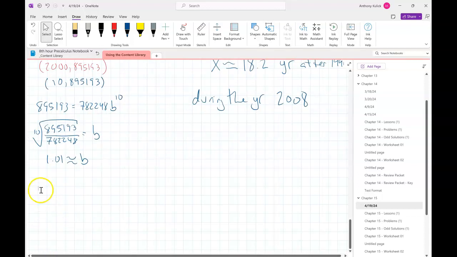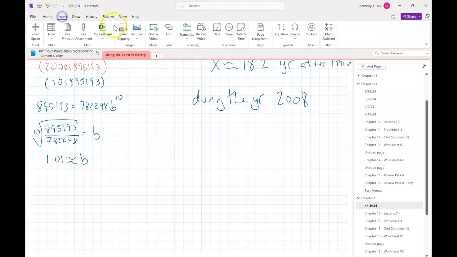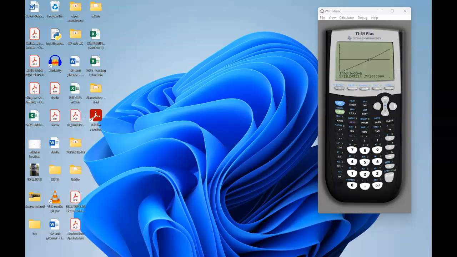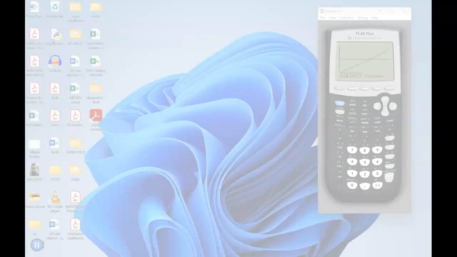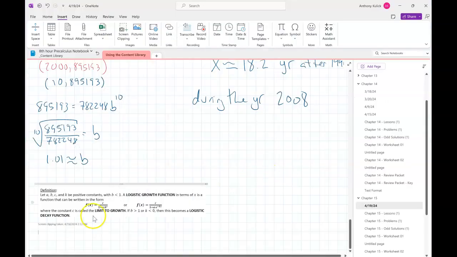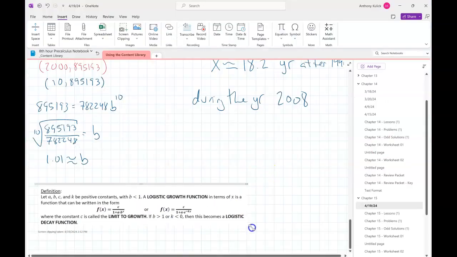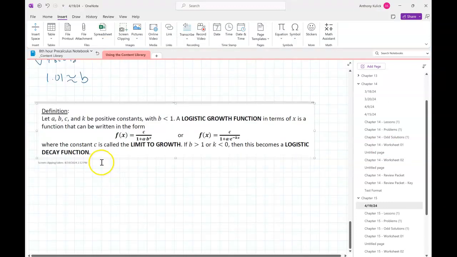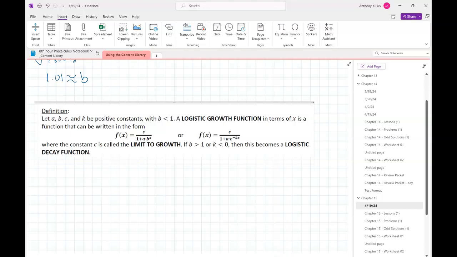Now, over the short term, exponential functions do a pretty decent job of modeling things like population growth. But over the longest of long terms, not so great. Because as a population grows, eventually it's going to reach the carrying capacity.